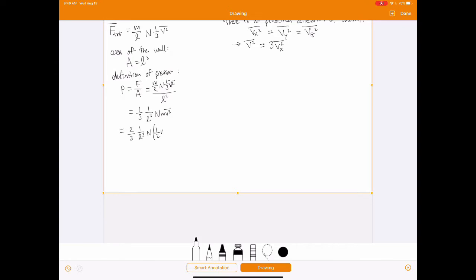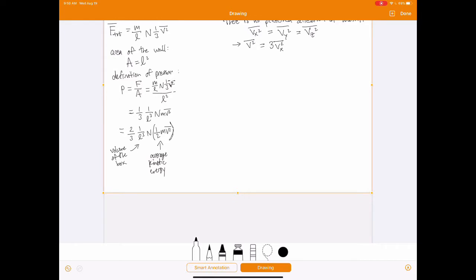And then we'll have a half times m v average squared. That should be looking really familiar, what I put in the parentheses, because this is the average kinetic energy of the gas molecules. And also, this L cubed on the bottom is the volume of the box.